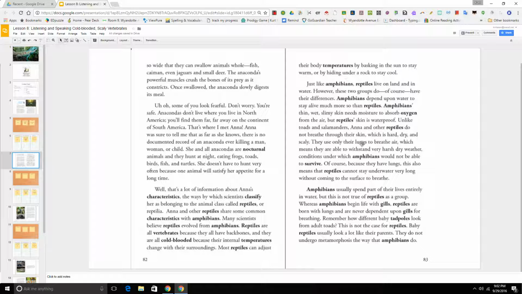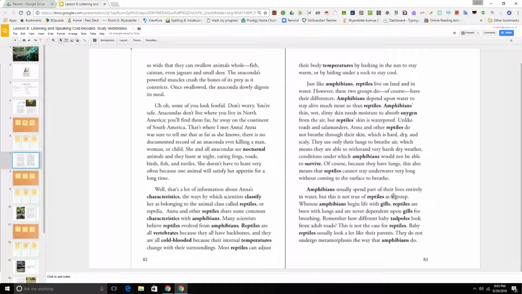They use only their lungs to breathe air, which means they are able to withstand very harsh dry weather conditions under which amphibians would not be able to survive. Of course, because they have lungs, this also means that reptiles cannot stay underwater very long without coming to the surface to breathe.